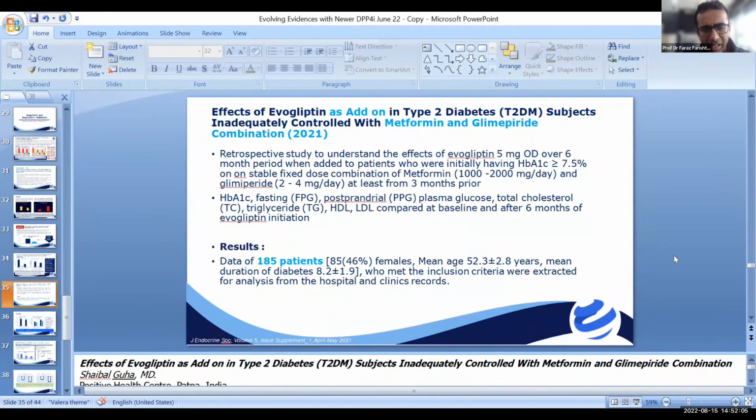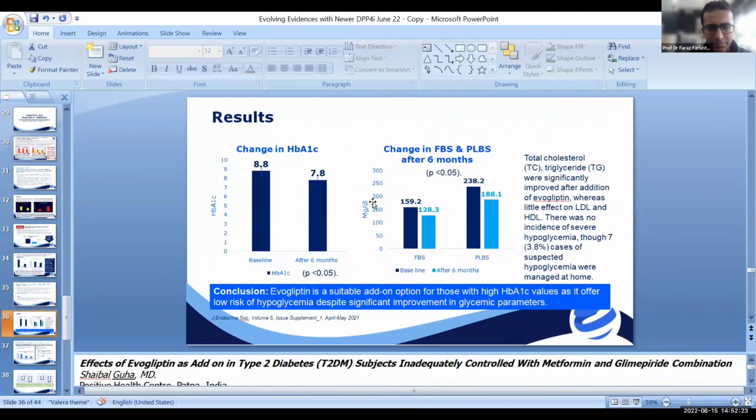This is again a study of the effects of Evo as an add-on to type 2 diabetic patients inadequately controlled on metformin and glimepiride. This is data of 185 patients who met the inclusion criteria, extracted for analysis from hospital and clinical records.